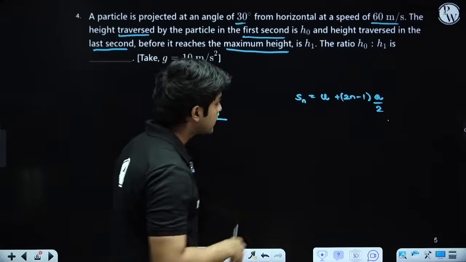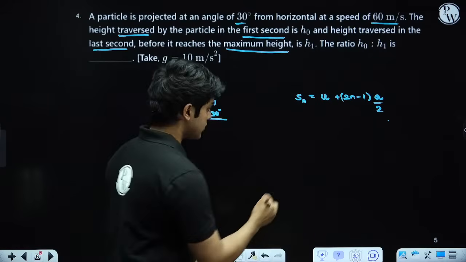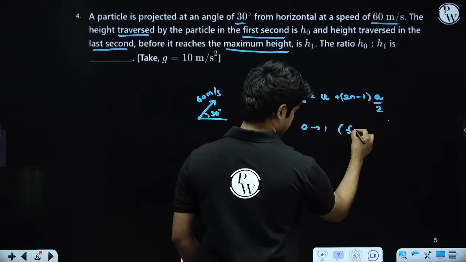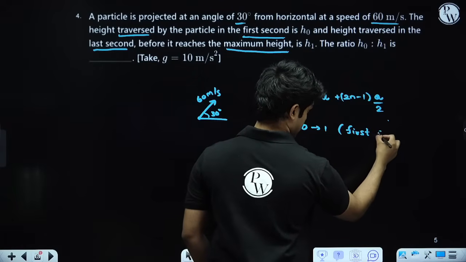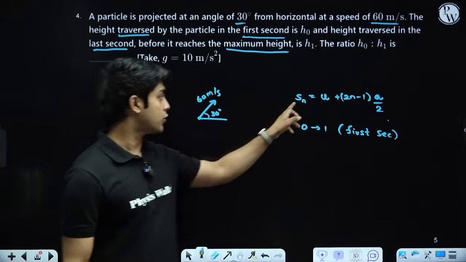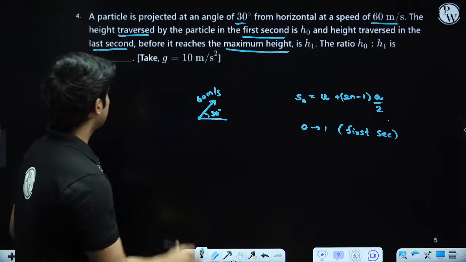So what does nth second mean? The second starting from 0 to 1, this is the first second, right? So you'll put n equal to 1 there. What you will get is the distance traveled from 0 to 1 second. Okay, so we'll use that here.